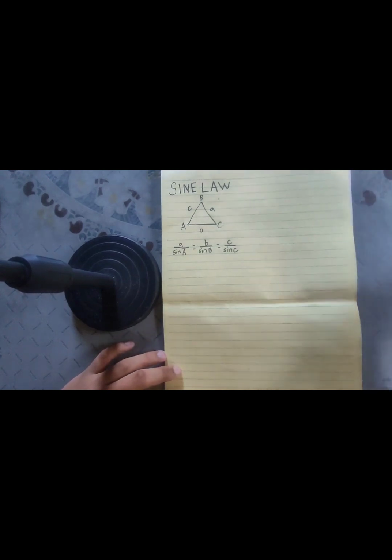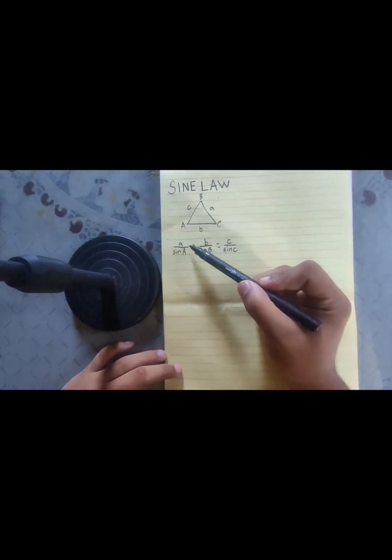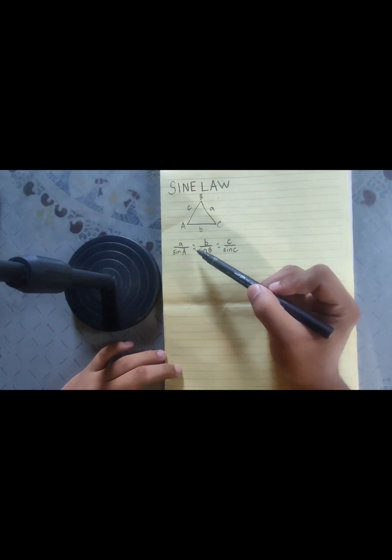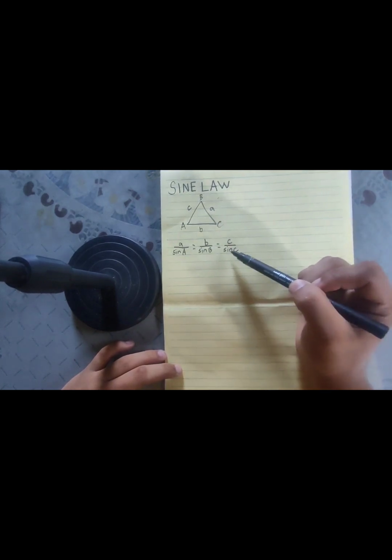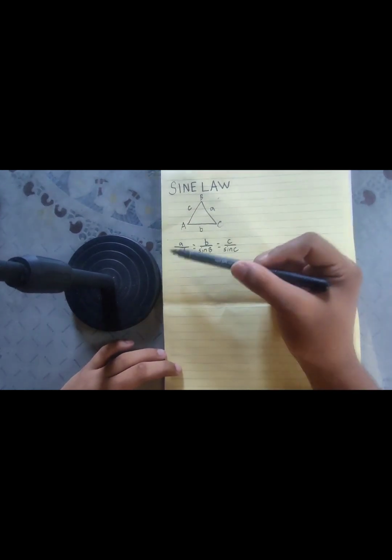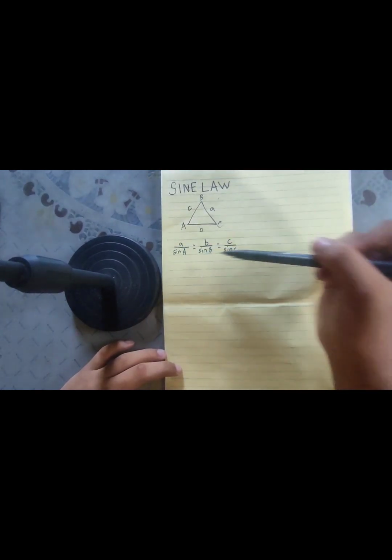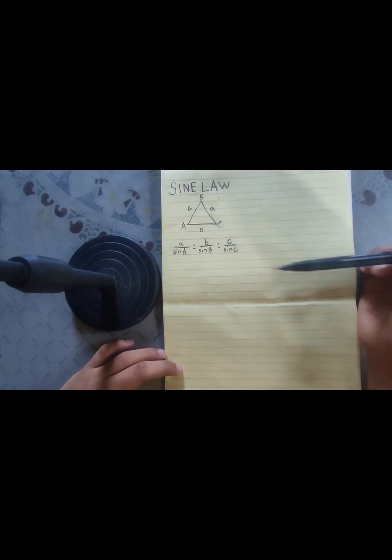So this is the equation that corresponds to the triangle. So side a over sine A is equal to b over sine B equals c over sine C. So you can use this formula to find the missing side or angle.